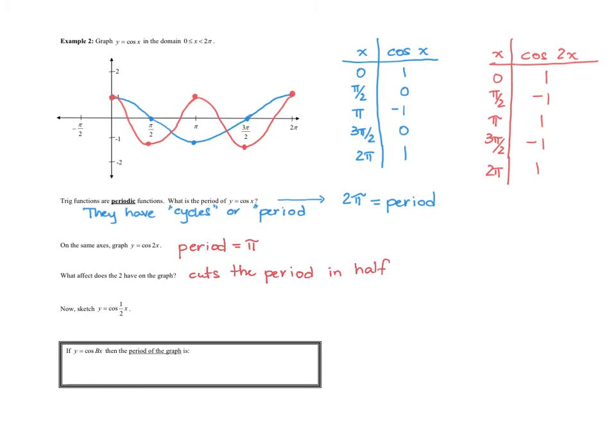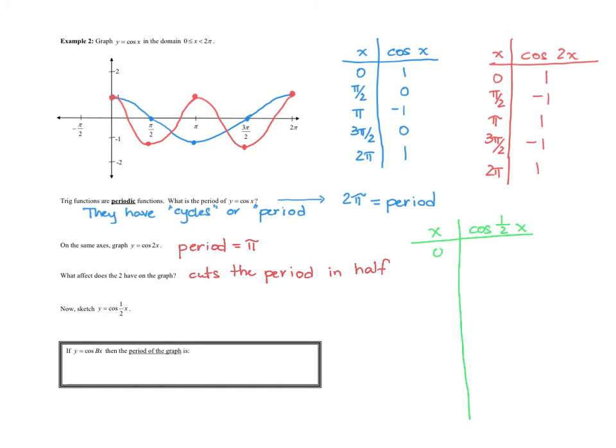So now let's take a look at what happens if we change the value in front of x to something between 0 and 1. So I'm going to change it to 1/2, and I'm going to make myself a little t-chart. Again, I've got cosine of 1/2 x.